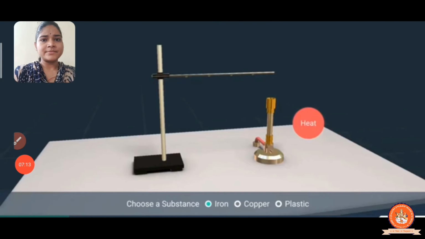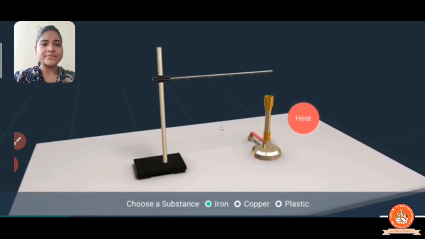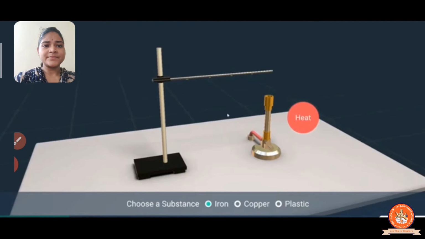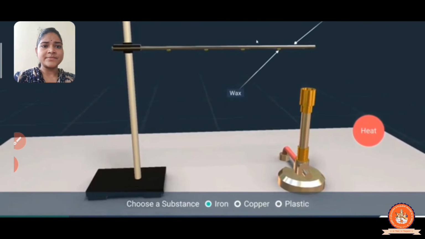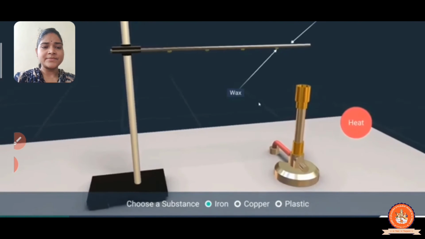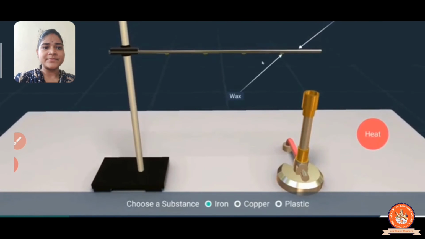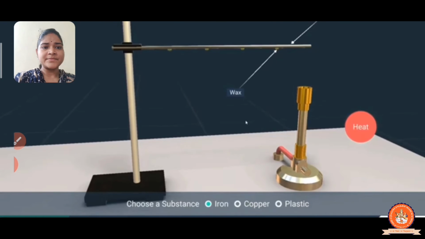How does heat flow from one point to another? Heat flows from a hotter object to a colder object. Let us investigate this through an activity. We have taken a metal rod clamped to a stand. A few small wax pieces are fixed on the rod at equal distances. Heat the free end of the rod and observe.